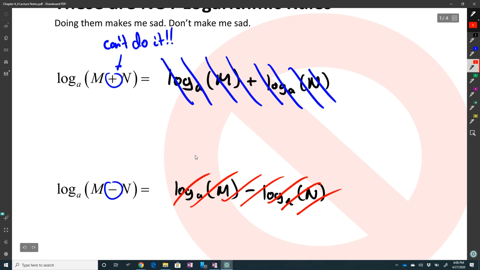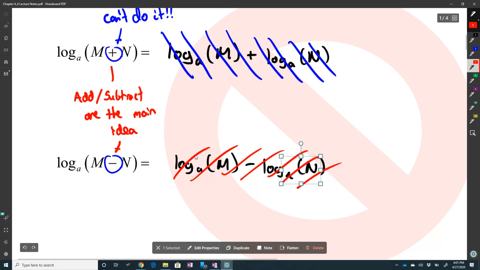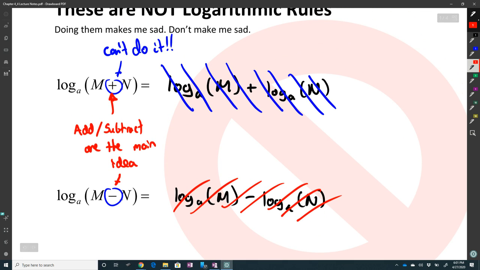And again, this is if addition or subtraction are the main idea. Basically, the main thing happening here is either addition or subtraction. Then you can't do it.